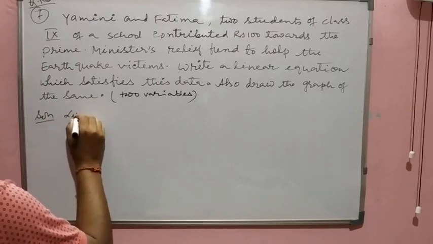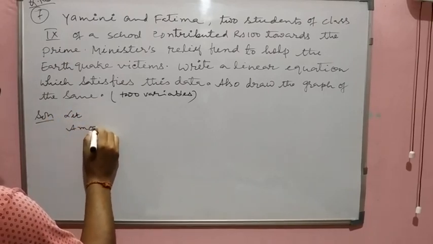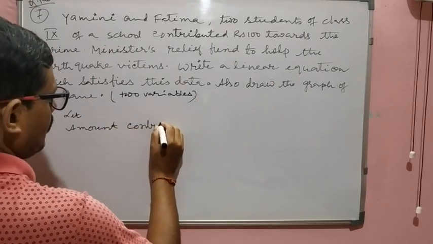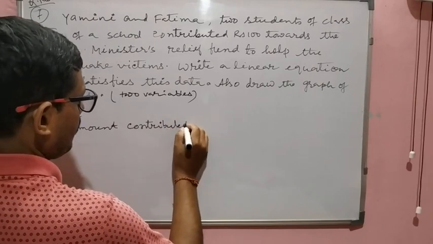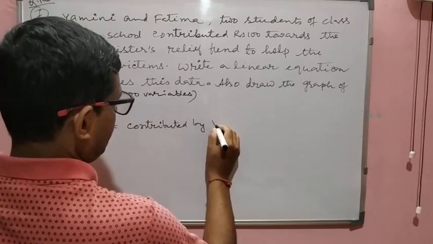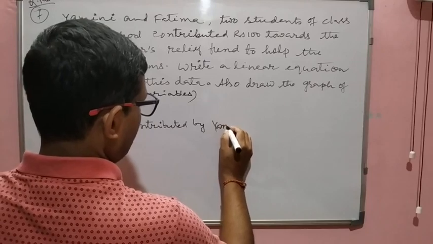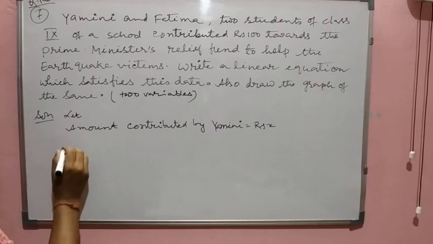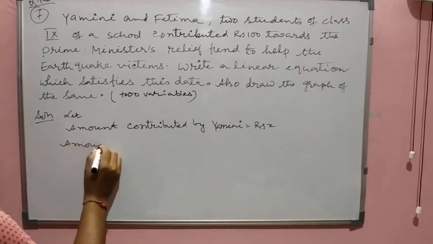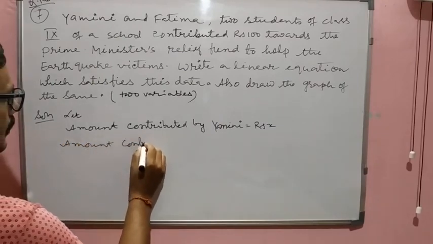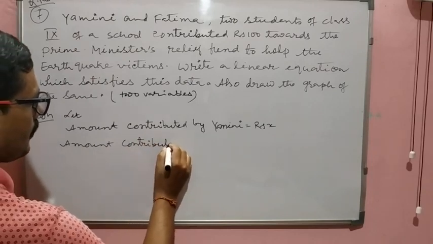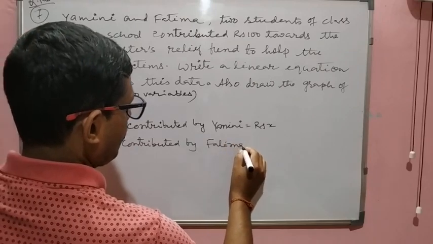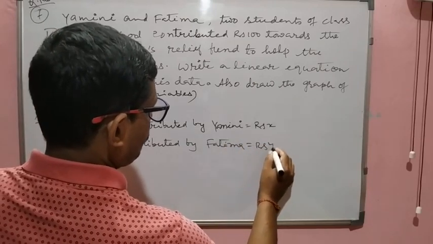Let the amount contributed by Yamini equal rupees x, and the amount contributed by Fatima equal rupees y.